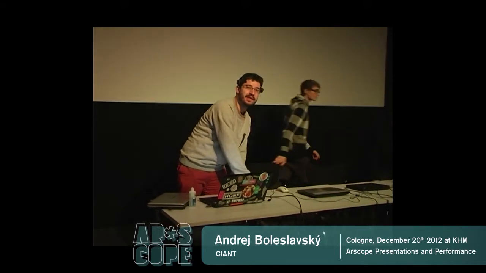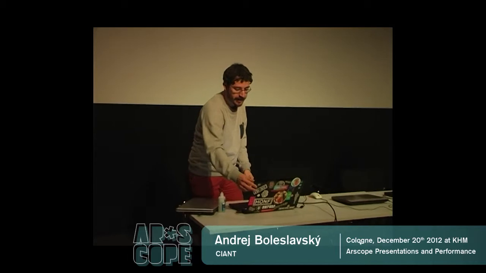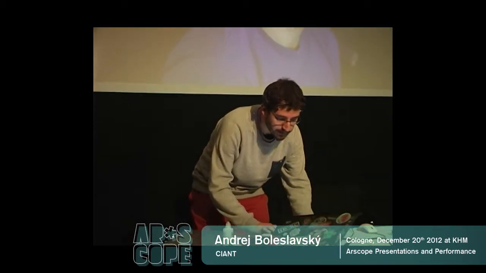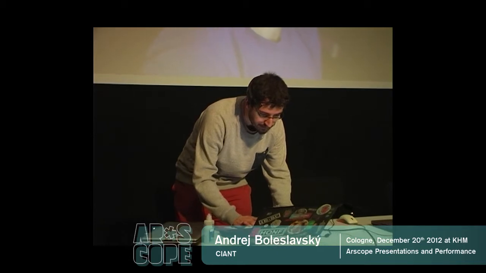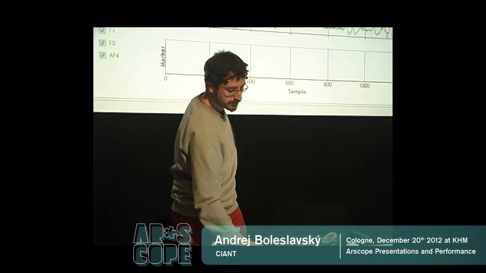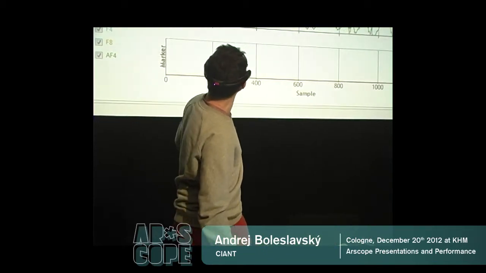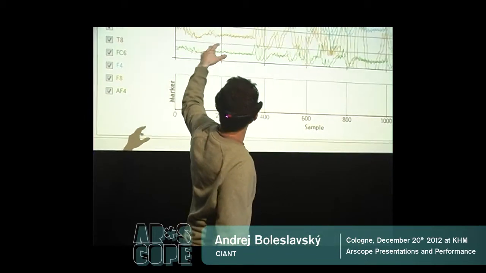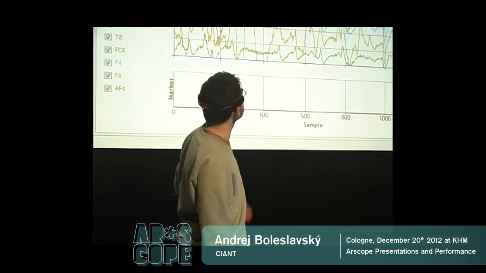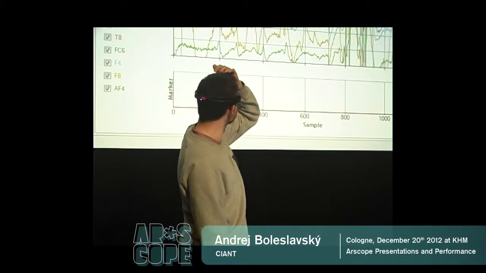Before I leave the stage, I will show you the background principles of what we did. Okay, so this is the application that captures the electropotentials on the top of my skin of the skull.